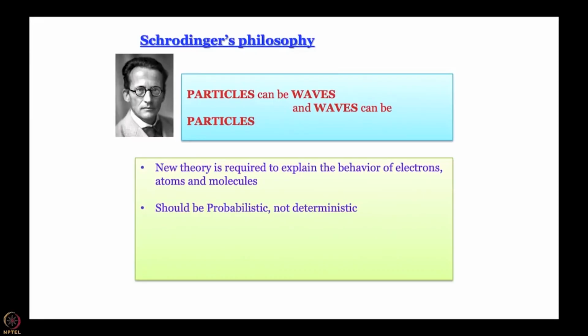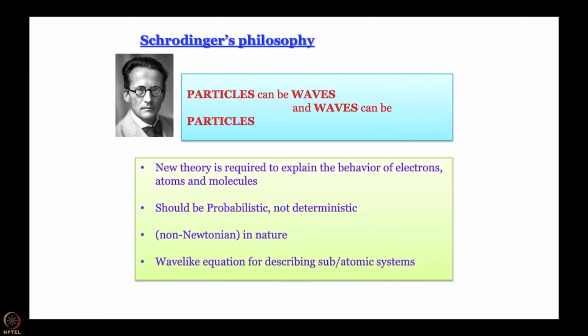So, what we need really is a probabilistic theory, and that is what is going to eventually lead to our understanding of the meaning of this wave nature of matter. This is of course expected to be non-Newtonian in nature, but Schrodinger wanted to write a wave-like equation for describing subatomic or atomic systems.